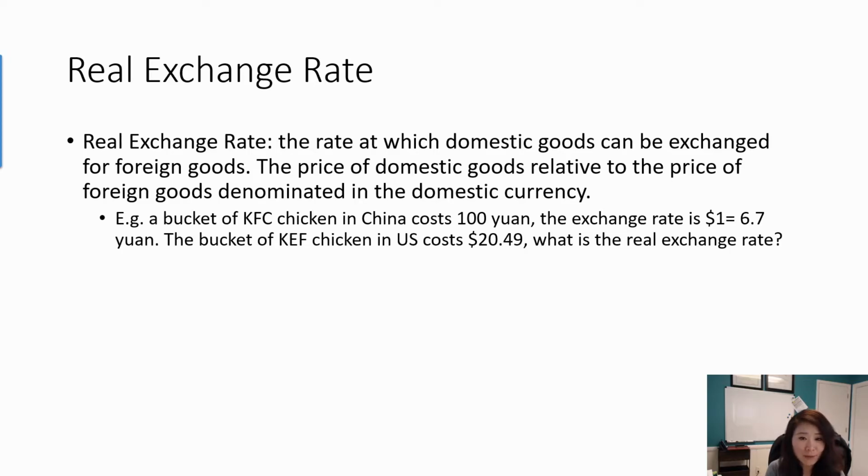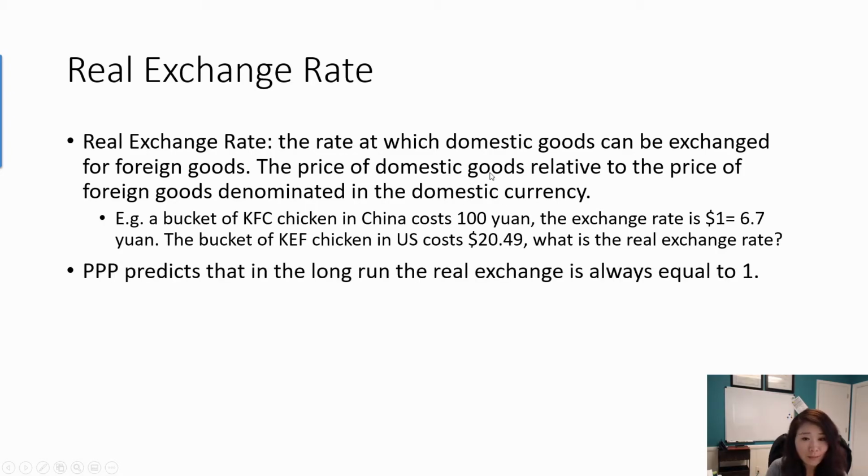So after you convert these foreign goods back to the domestic currency, this ratio should equal 1. Based on PPP, in the long run the real exchange rate should equal 1.